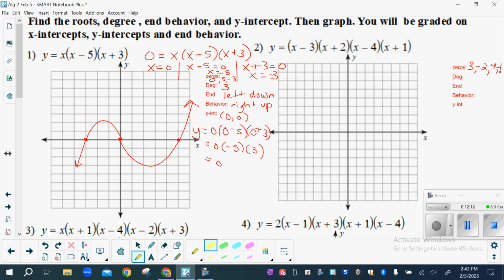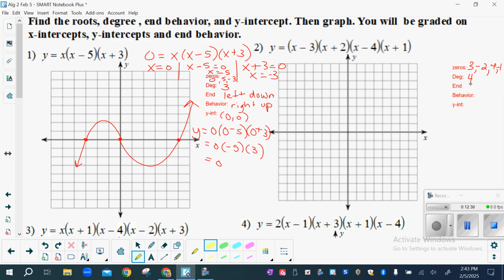Okay. So now my degree. This group here. What's my degree? How many x's? It's 4th degree because there are 4 x's. So my degree is 4. Is 4 an even number or is it an odd number? It's even. So if 4 is even, what's my end behavior?